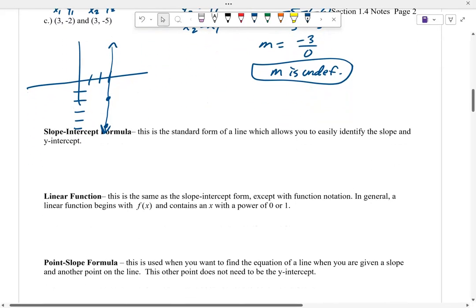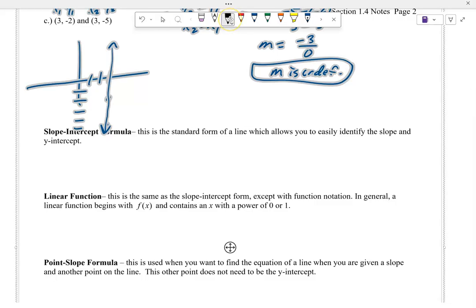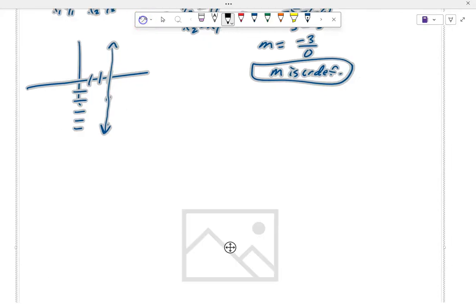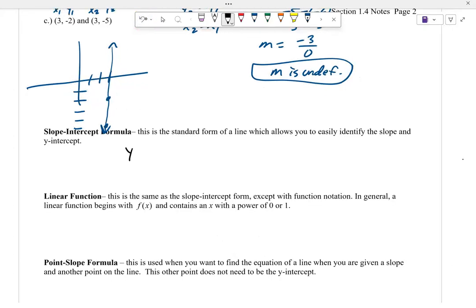Well, the slope-intercept formula, if you remember from your algebra courses, is y equals mx plus b. It easily lets you identify the slope, m, and our y-intercept. This is our y-intercept, that's that b value right there.